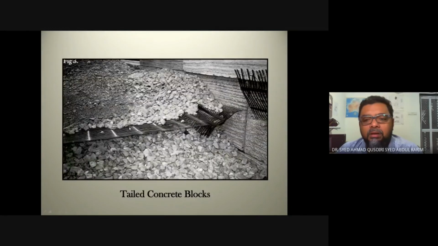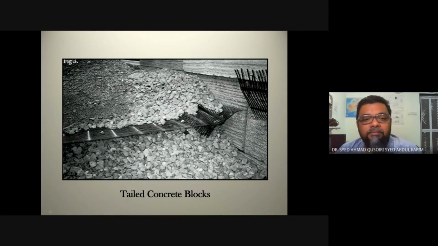So again, you can see that this is the concrete block. Being built into it is what they call a geogrid. So this is at the back of the wall actually. So this geogrid has been built into this concrete block. So when they put it, the geogrid will be extended all the way as a tail.